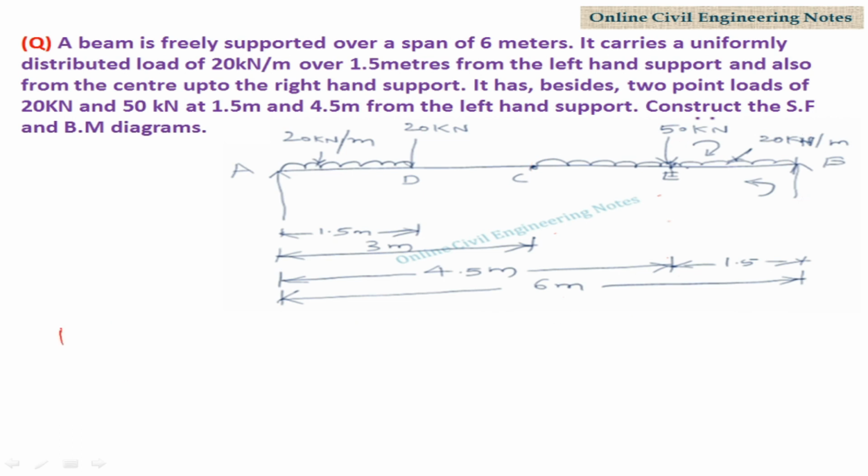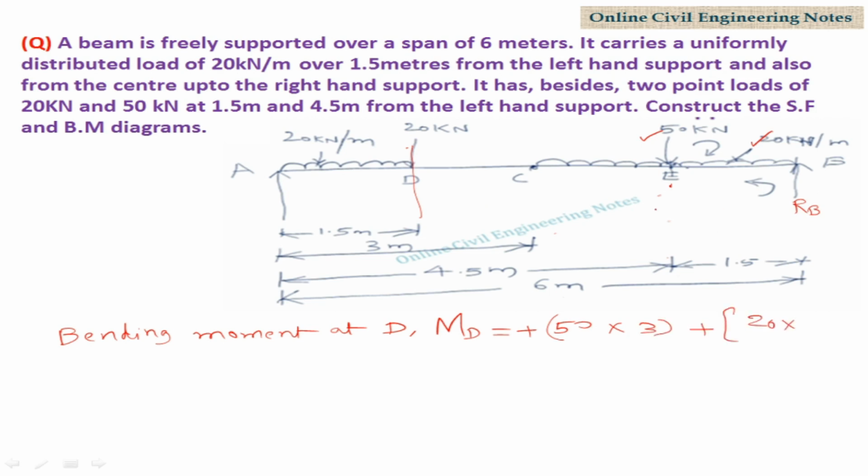Bending moment at D, MD. Take the right hand side portion of D, 50 kilonewton, 20 kilonewton per meter are acting in clockwise direction, RB is acting in anti-clockwise direction. So 50 into perpendicular distance from E to D is 3 meters plus UDL 20 into its distance is 3, so it is converted as point load into perpendicular distance from E to D, that is 3 by 2 plus 1.5.